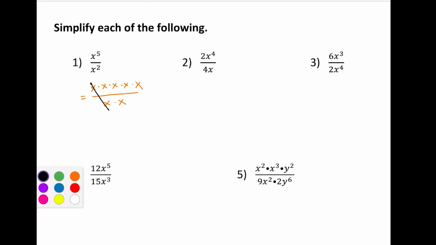So these will reduce to 1, these will reduce to 1. And that just leaves me with x times x times x over 1. Now x times x times x is x cubed. Divided by 1 doesn't really change anything. So this is just going to be x cubed.